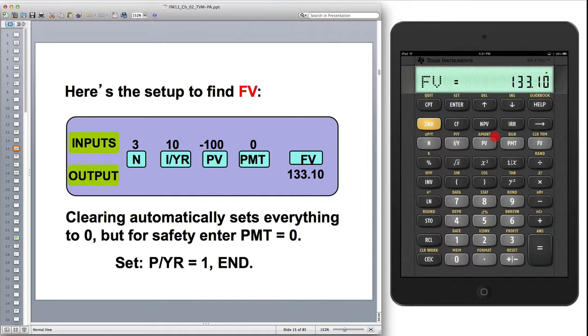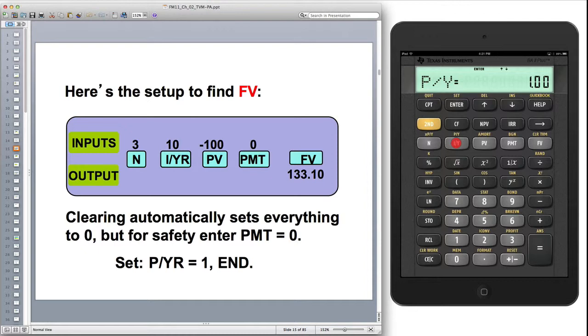it's most likely that your PY value is set to a number different from 1. So let's check that. So hit second IY, which will take you to PY. Second IY. And in this case, I've set it as 1.